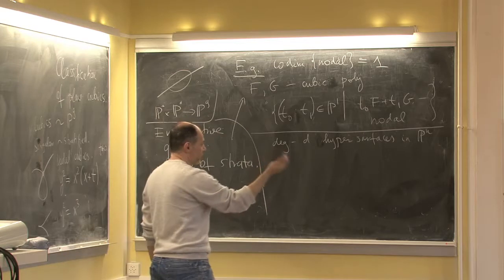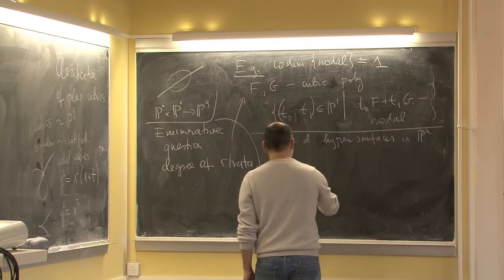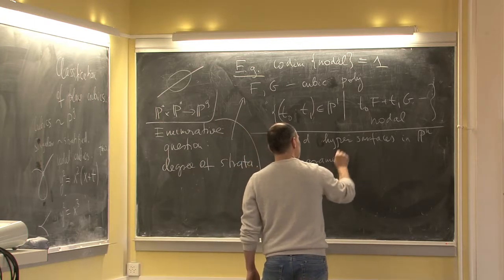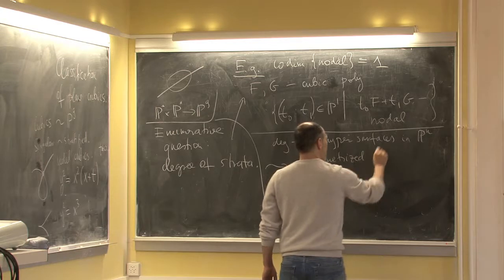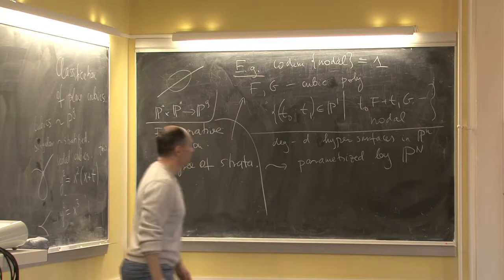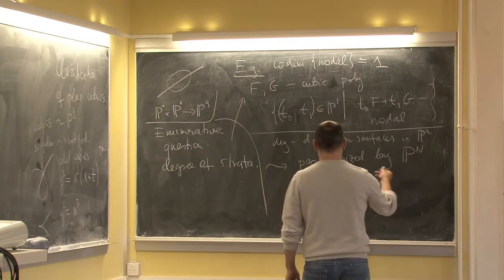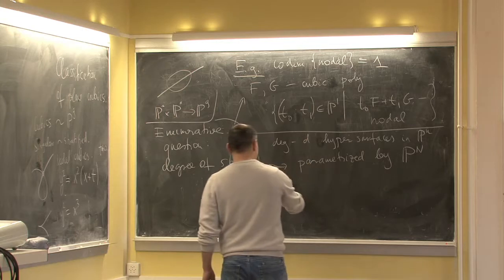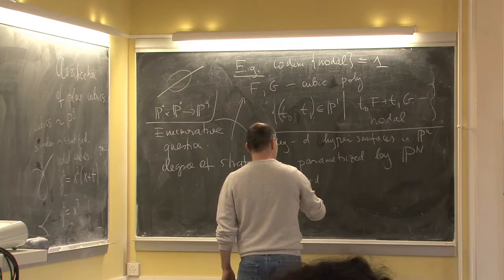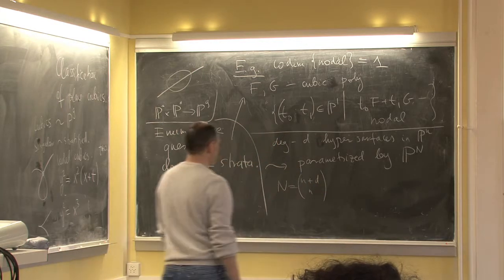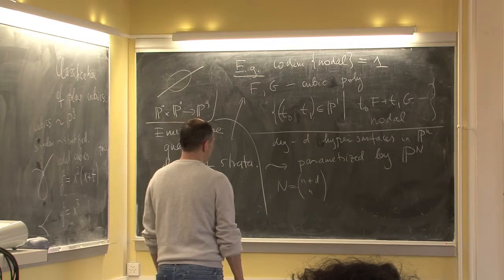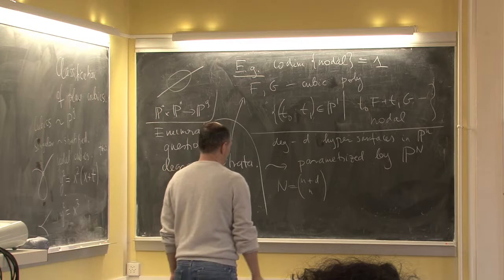So then, just the same thing as we used before. This is parametrized by some big projective space of coefficients, which was P9 here, and now it's going to be PN, where N is n plus d choose n. Let me just check this is correct now. Yeah, I think so.